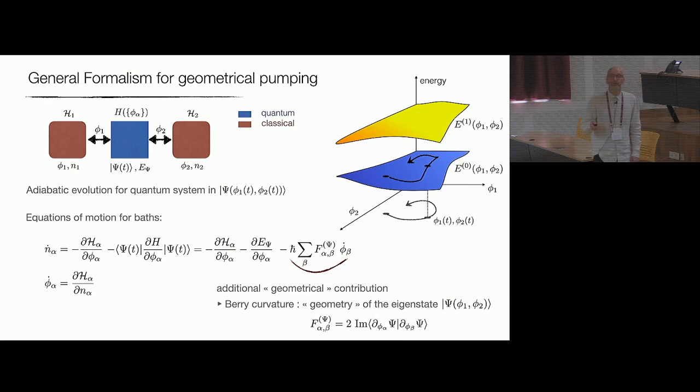When you do so, you get two terms. One that you could have guessed from the Hellmann-Feynman theorem, the fact that your quantum system might have an energy that varies as a function of the phases, but you get an extra term, and that's very general. And this extra term is exactly the Berry curvature I was introducing. So the Berry curvature of the eigenstate you're considering with respect to the two phases.